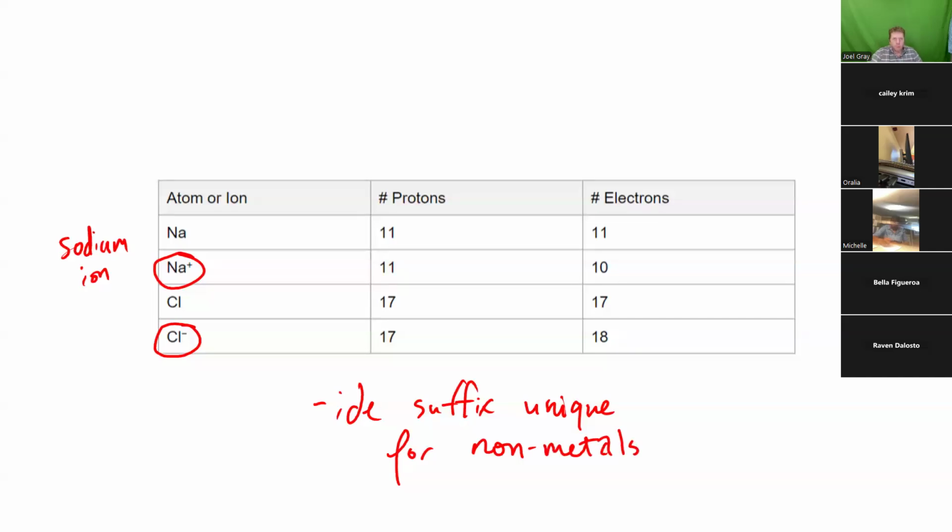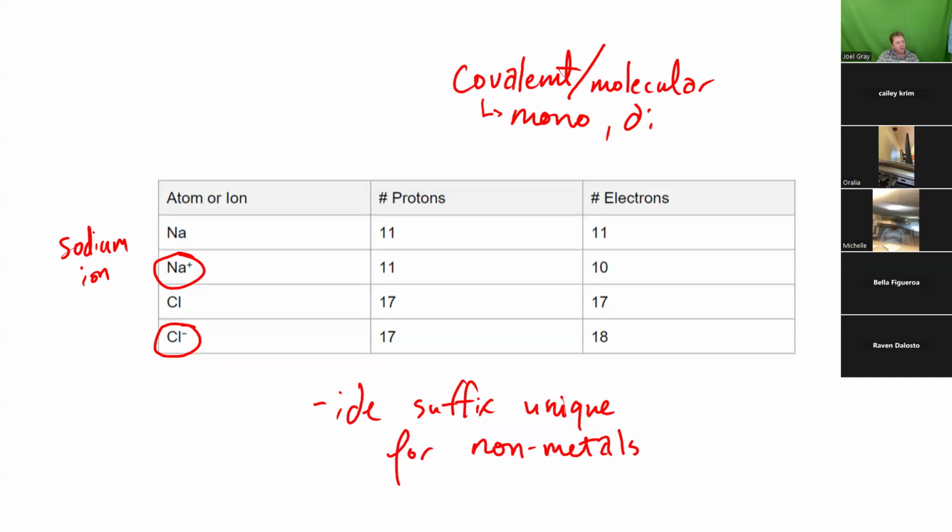When it comes to bonding and different types of compounds being formed, one of the other things that we talked about were polyatomic ions and naming compounds. When it comes to covalent or molecular compounds, we talked about using prefixes: mono, di, tri. So for example, what is the name of this compound right here?